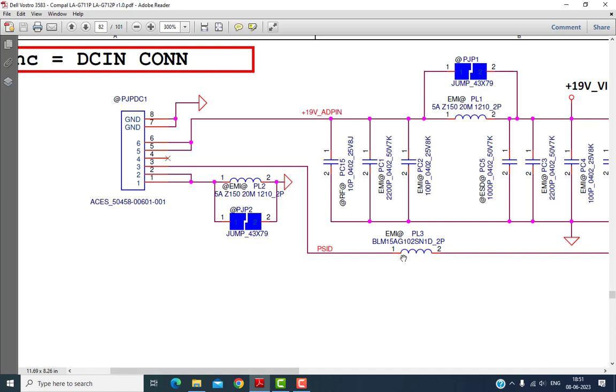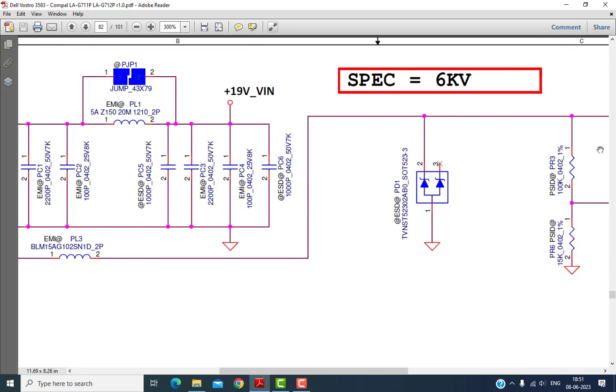In a Dell laptop, when we connect the adapter to the laptop, the adapter informs the SIO of its power wattage, that means how much wattage it is. All that signal via this line is called the PSID. The signal is generated here and goes to the SIO, and the SIO reads all this information.